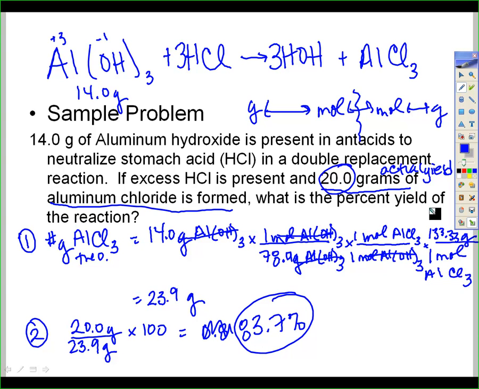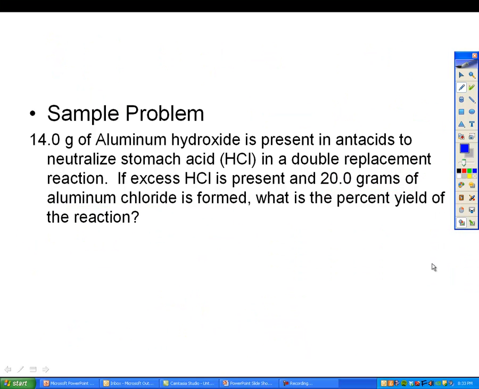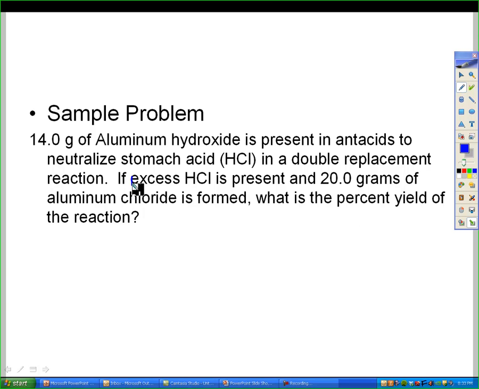Now be really careful. Some problems, like the ones I'm giving you today, will give you not excess HCl. So if they were to say not excess HCl, but 20 grams of HCl first, be careful. You might have to find the limiting reactant first.